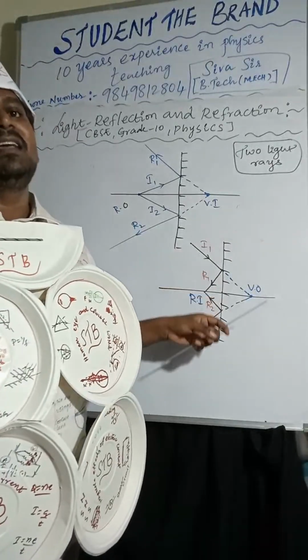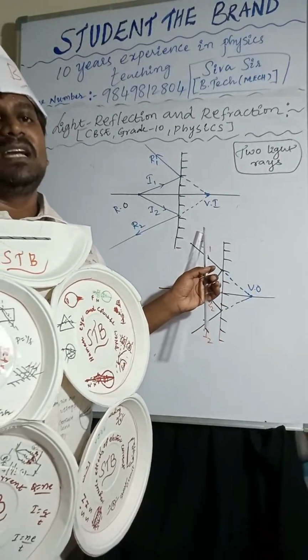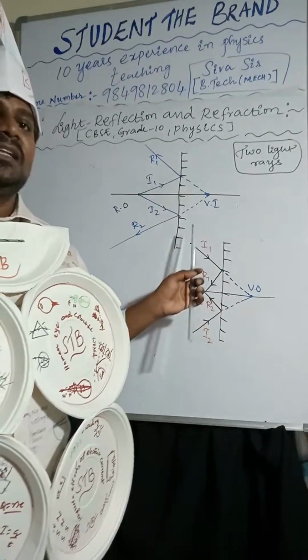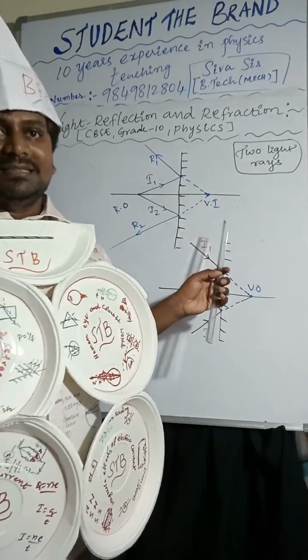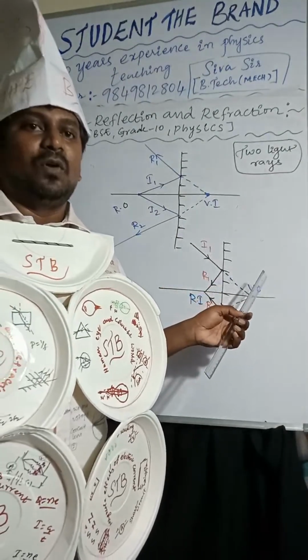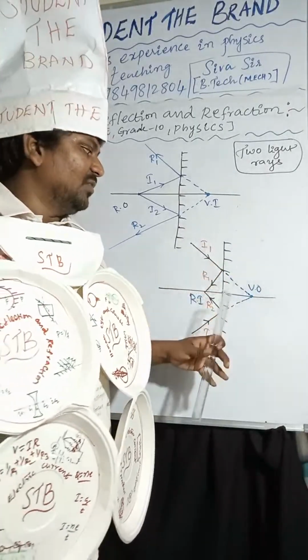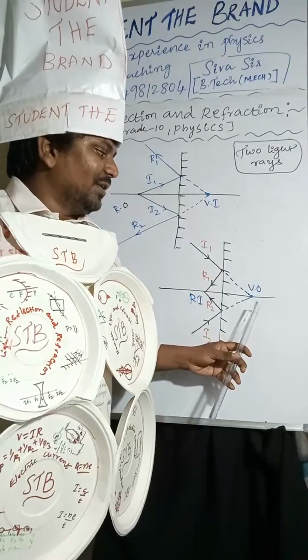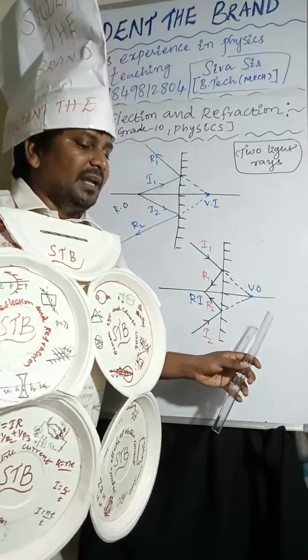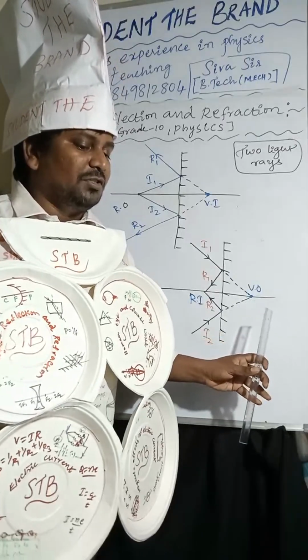Extended incident light rays are meeting at one point. Their image is forming. That is a virtual image. But their object is forming. That is a virtual object.